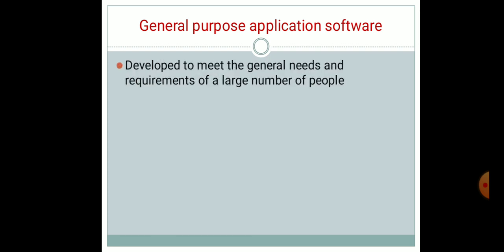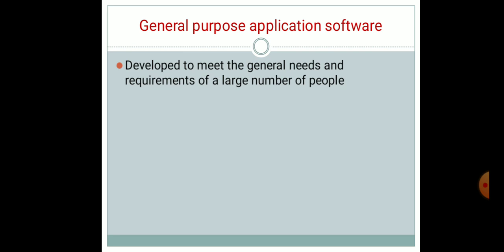General purpose application software is developed by keeping in mind the general requirements of a large number of people. A large number of people require the same type of software. So for satisfying these type of people, these general purpose application softwares are used.